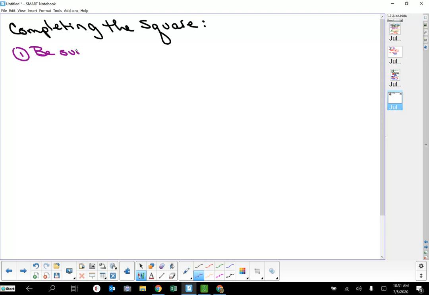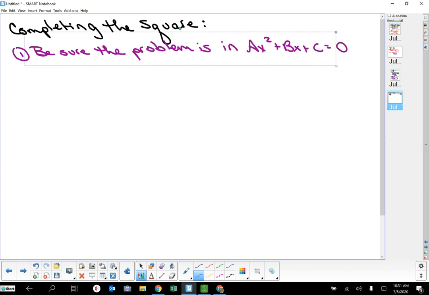So be sure the problem is in ax squared plus bx plus c equals 0 form, which is standard form, before you do anything.